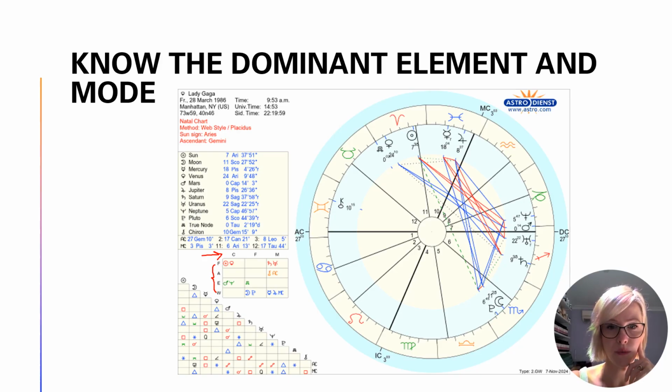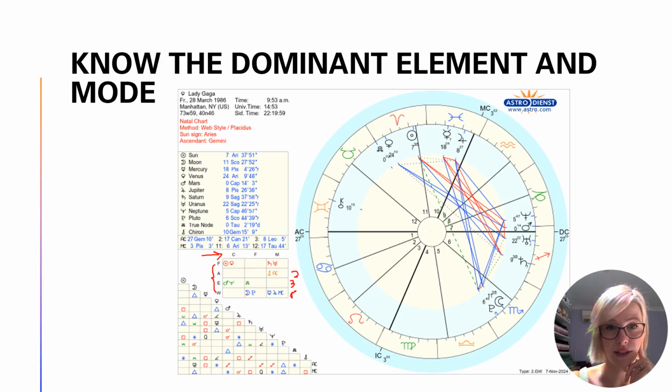So you can count in water, she has 1, 2, 3, 4, 5 planets, but I might give an extra point for the moon, so we'll go 6. Earth, 1, 2, 3. It's very hard to write with a tiny little mouse. Air, 2.